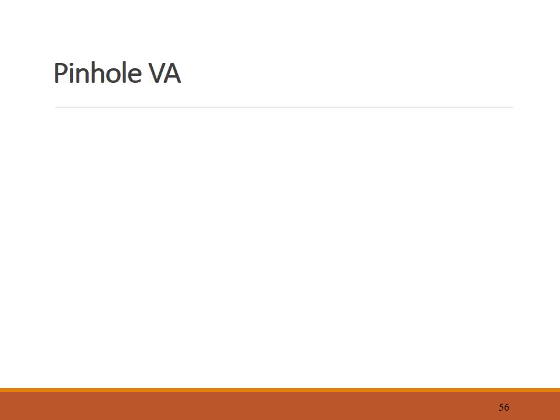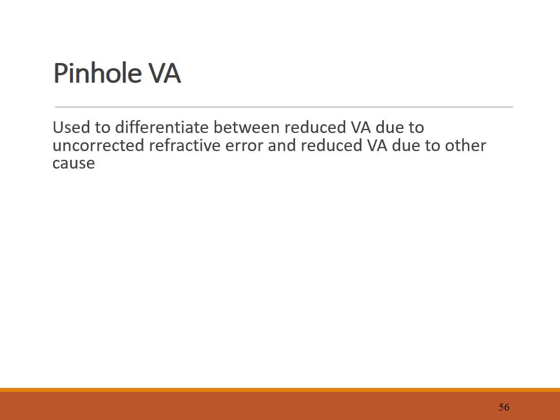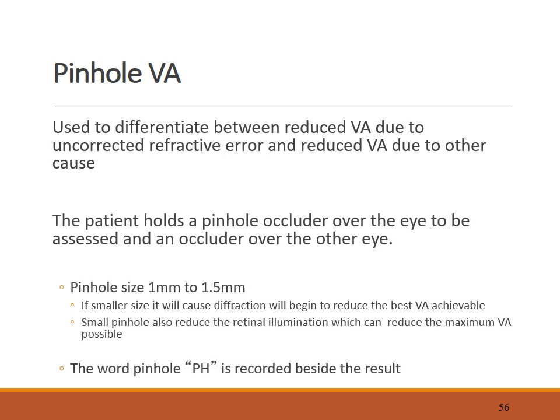Pinhole in the visual acuity test. The pinhole is used in the visual acuity test to differentiate between reduced VA due to uncorrected refractive error and reduced VA due to other causes. If the patient has a VA of 6/9 or worse, you need to use the pinhole.